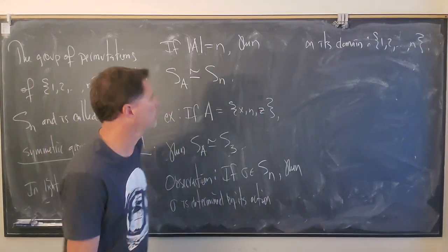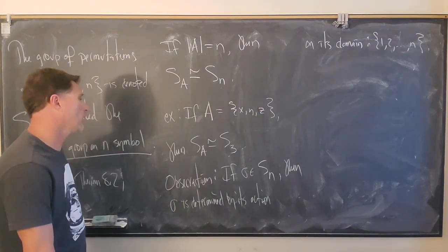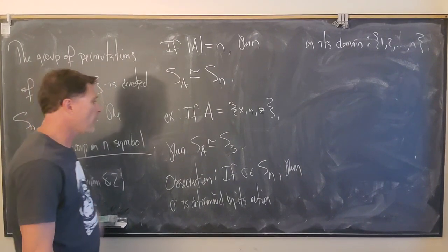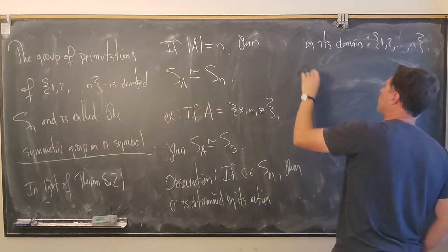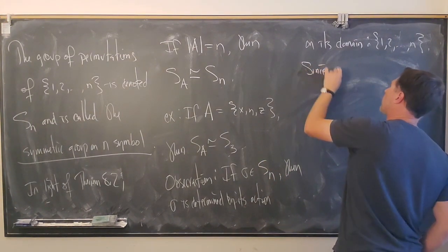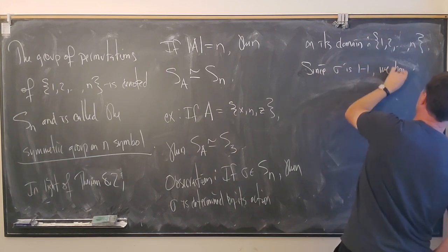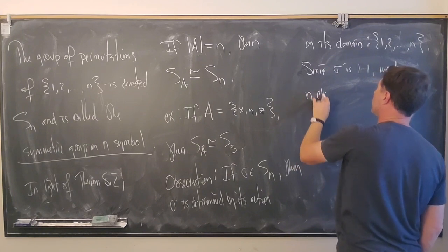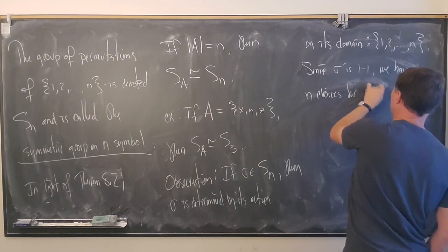Now, since sigma is 1 to 1, we have n choices for sigma of 1.